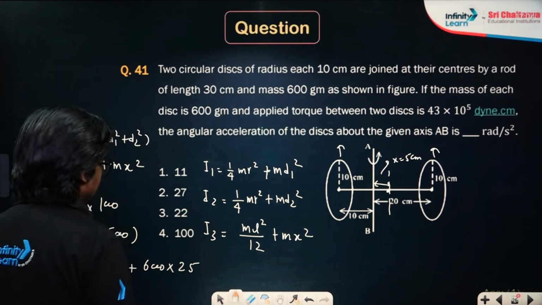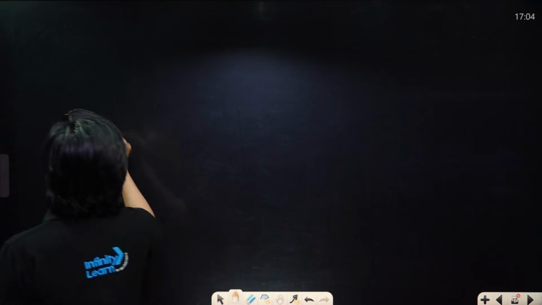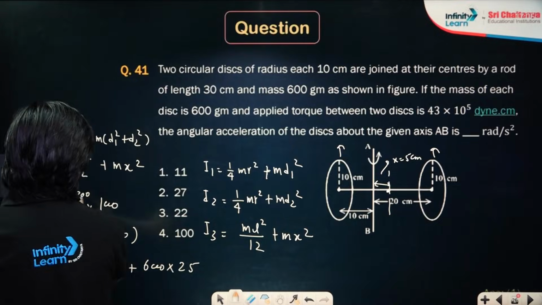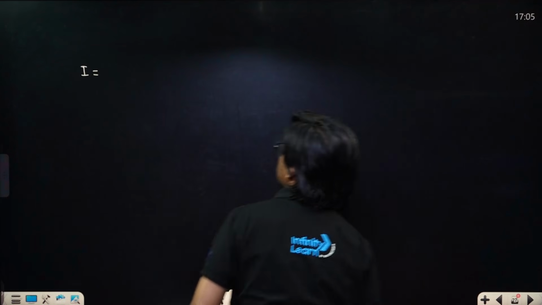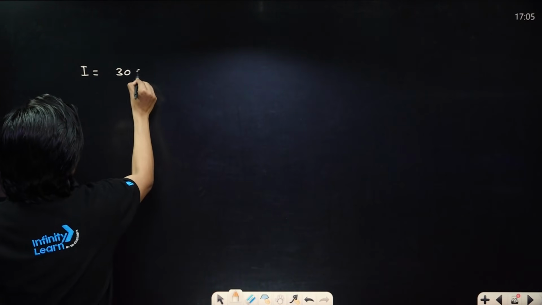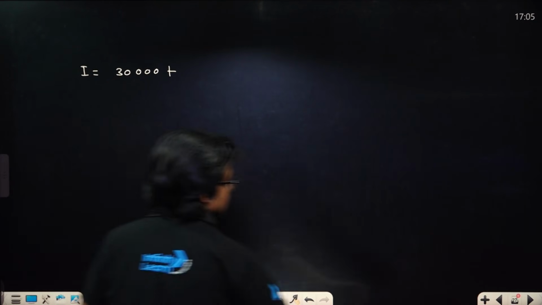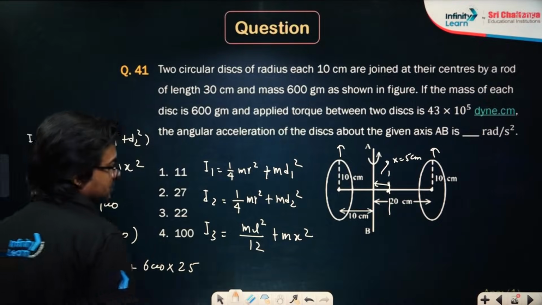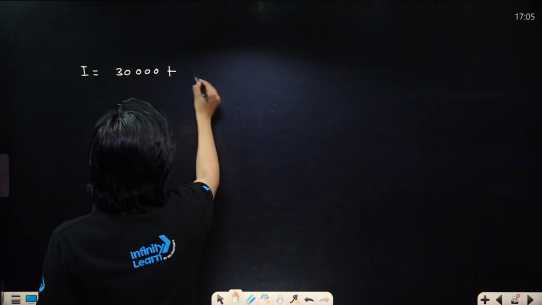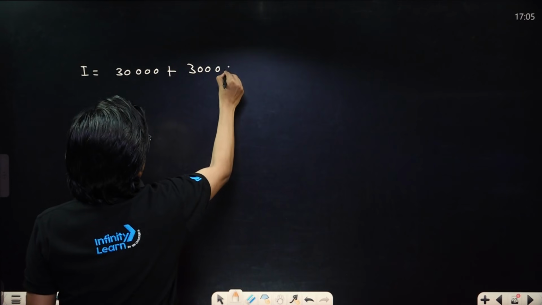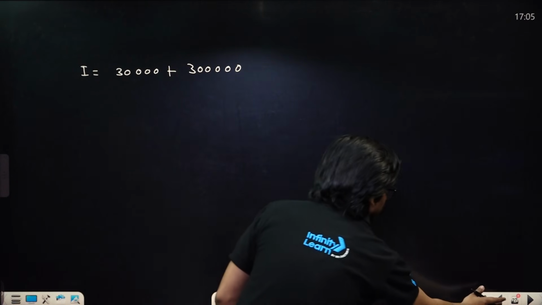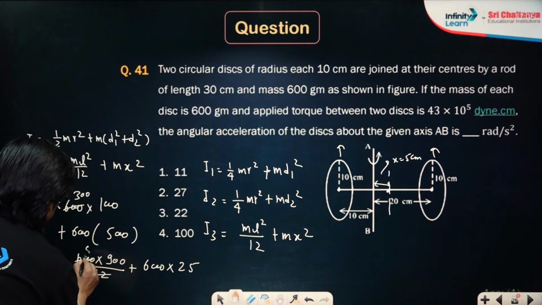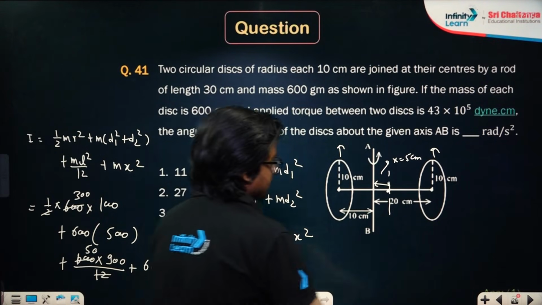So you can write total moment of inertia I. How much is that? 30,000, that is the first term, plus, all they are in gram centimeter square, 6 into 5, that is 30, so this will give me 3 lakhs. Now this will give me 50 into 900, that is 45,000.